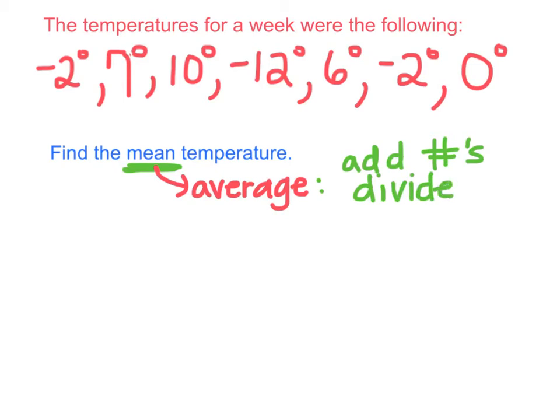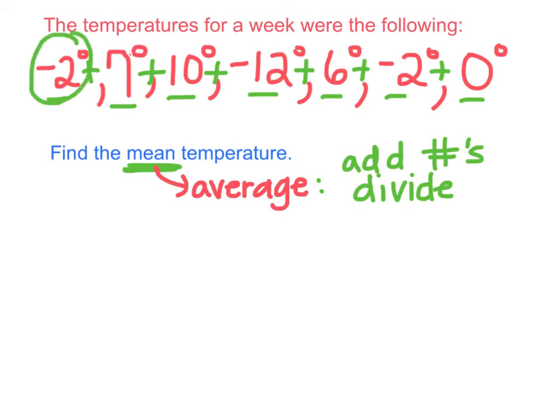Okay, so if we take a look at this, we need to add all of these up. So it's the same as if I put plus symbols between all of these. So that's our very first step, just to add these. All right, so when I add, usually I like to add the positives first. So let's kind of take a look at it. I have negative 2. Circle this in a different color. Negative 2 and negative 12 and negative 2.